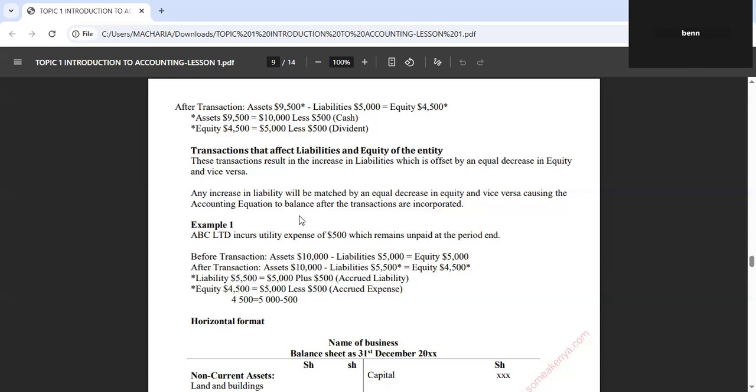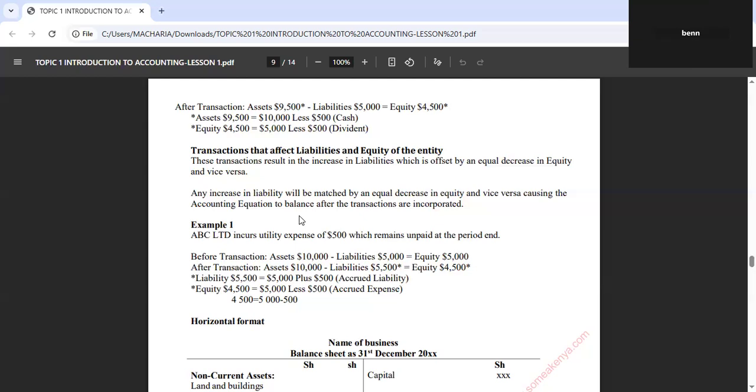For instance, ABC incurs a utility expense, which remains unpaid at the end of the period. You have not paid this expense, meaning that you have not reduced your cash. But your liability will increase because this expense was meant to be paid and it has not been paid. Now you have what we call accrued expenses. These are expenses which now become your liability.